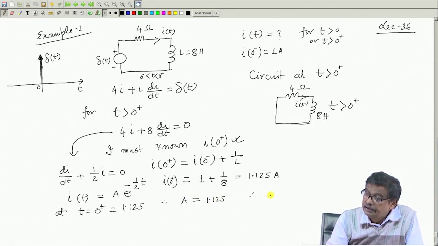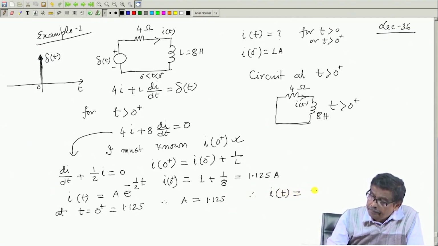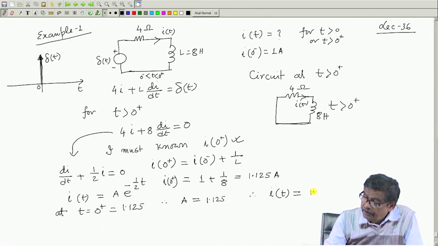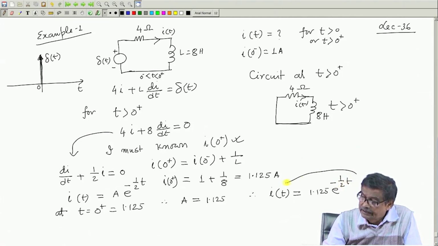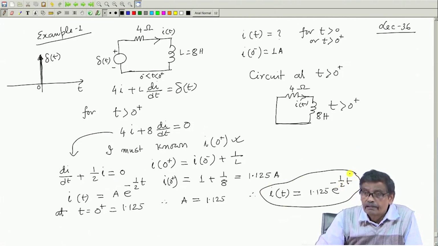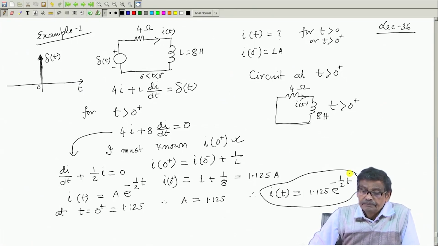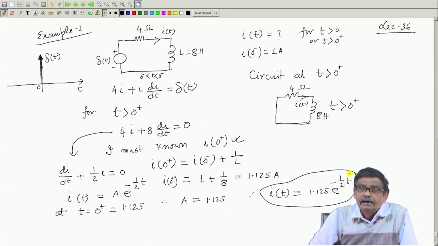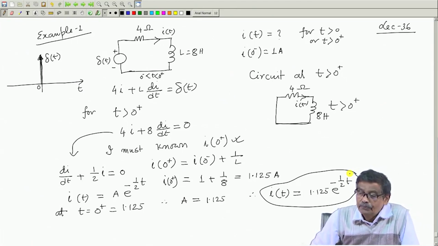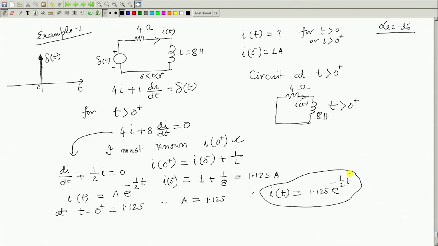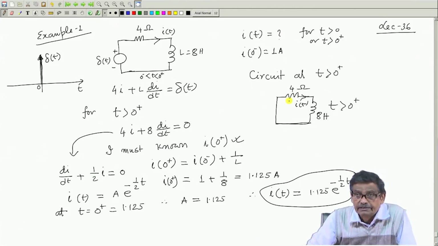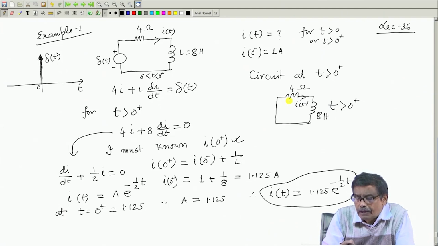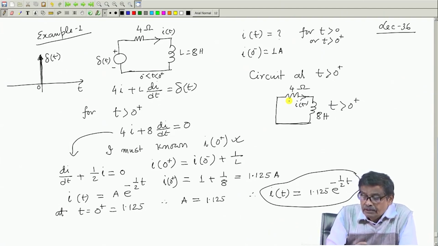So, the solution will be 1.125 into e to the power minus half t. That is the thing. That is, the impulse at t equal to 0 will change the boundary condition I0 minus, which was existing just prior to applying the impulse.